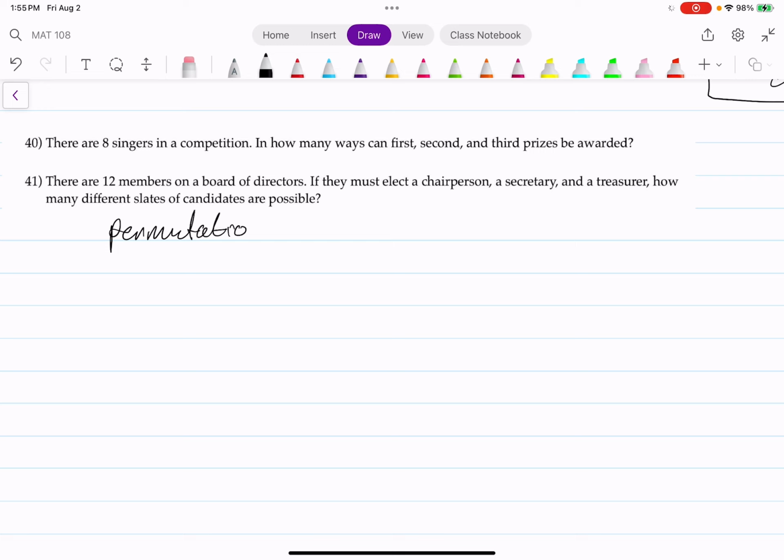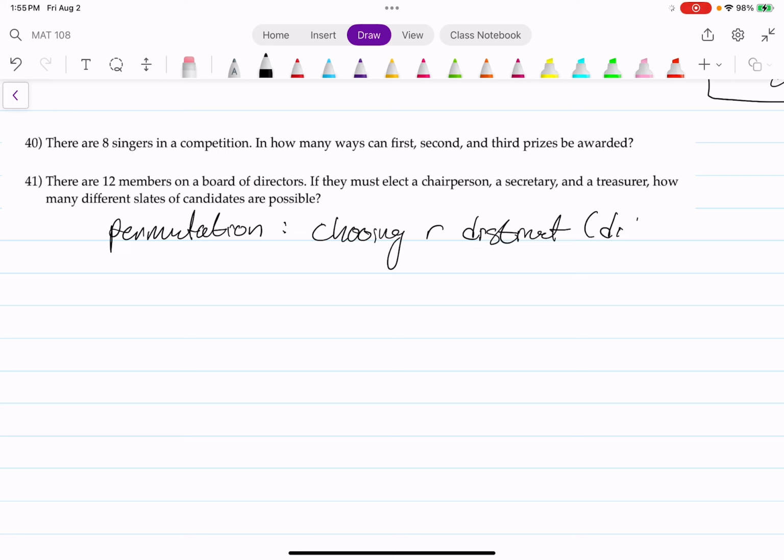Now, let's not confuse it with the distinguishable permutation. That's when items are distinct from each other, but in the same group, they're considered identical. No one is identical in this case. For a permutation, we are choosing from n distinct items.